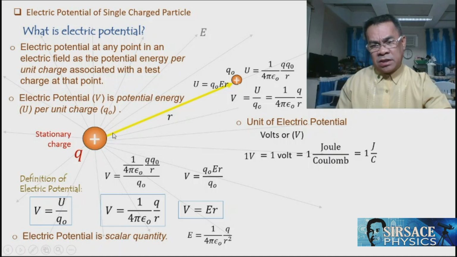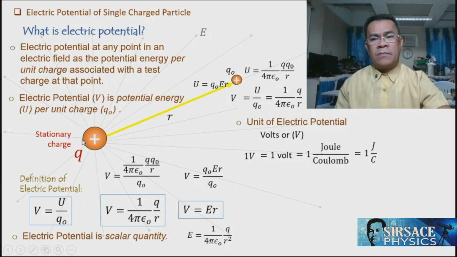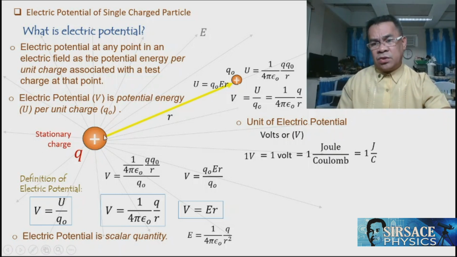So if you want the maximum, it should be at the surface of the charge. Because R is measured center to center, the minimum R that can provide the maximum potential should be the radius of the sphere or the particle.